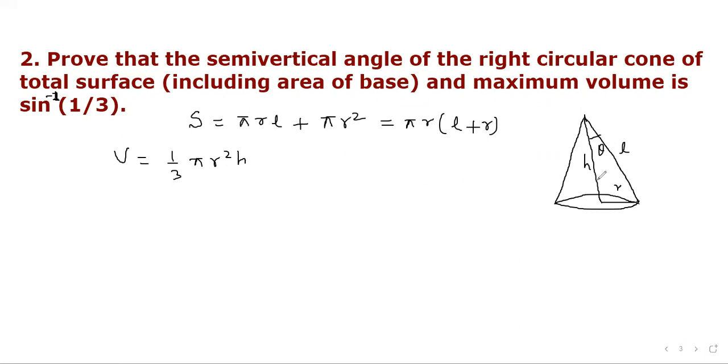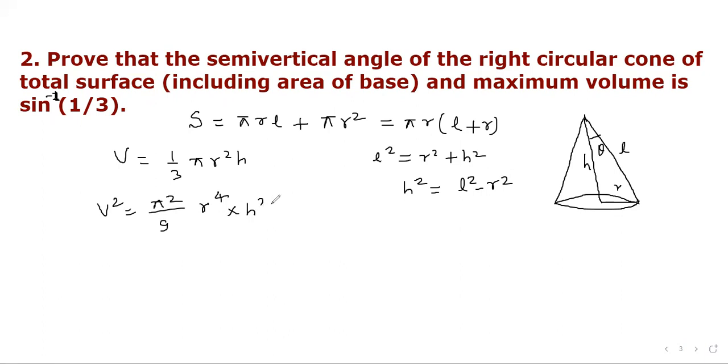So here Pythagoras theorem will hold: L square equal to R square plus H square. So H square equal to L square minus R square. So if we square this term, V square equal to pi square by 9 R power 4 into H square.